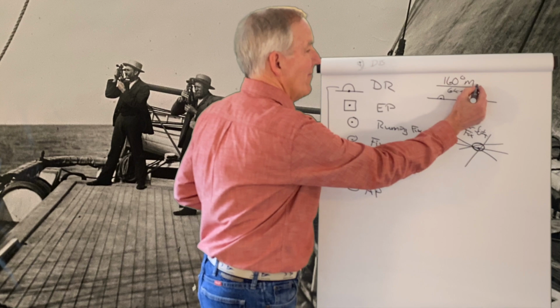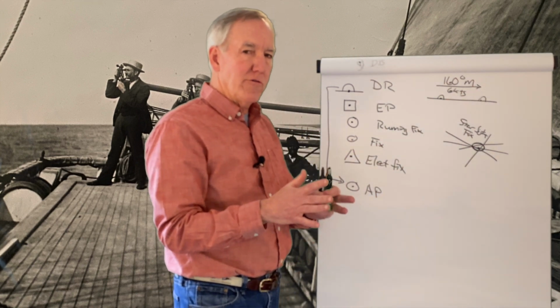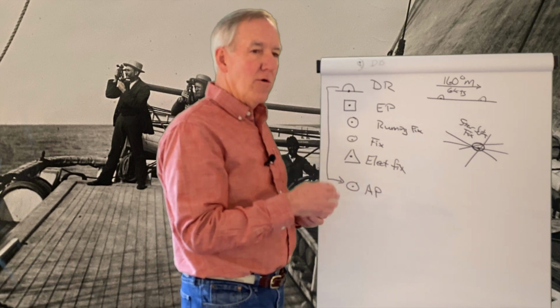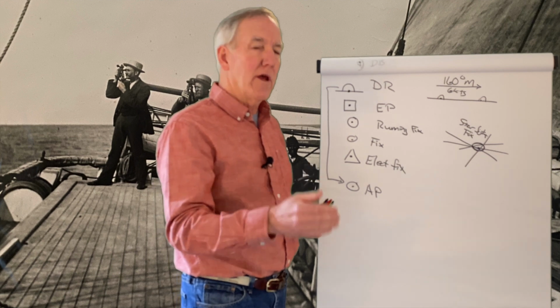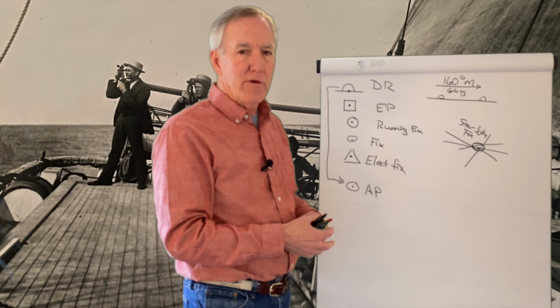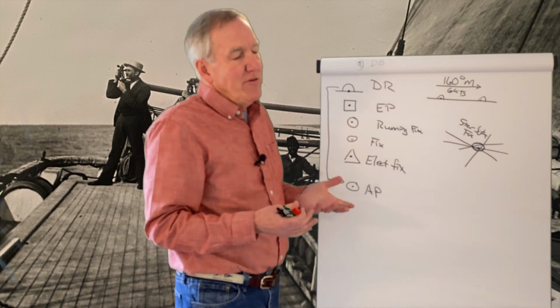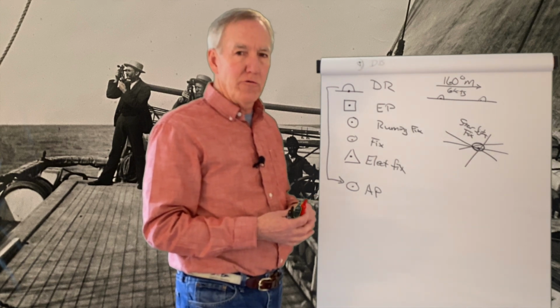It's really just a reference, whatever seems to work for you, so that when you look at your chart and you're looking at all these lines, you know that a course line on which you create your dead reckoning plot, you can identify what that course was and the speed was for that particular segment in time. There's no real right or wrong to it. It's just however you choose to label it.